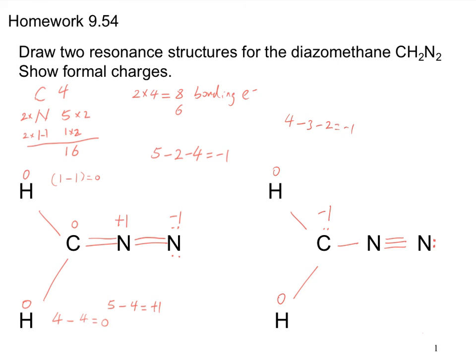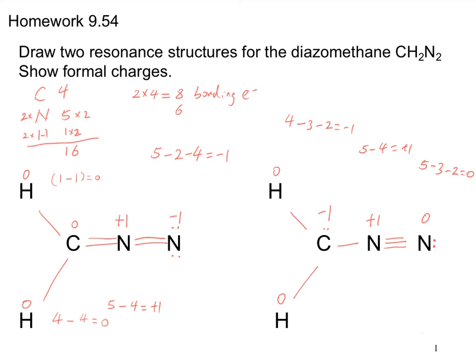For the central nitrogen, 5 minus 4 bonds is plus 1. For the terminal nitrogen, 5 minus 3 bonds minus 2 lone pair electrons gives 0. Therefore, in this resonance structure, we have negative 1 on carbon, plus 1 on the central nitrogen, and 0 on the terminal nitrogen.